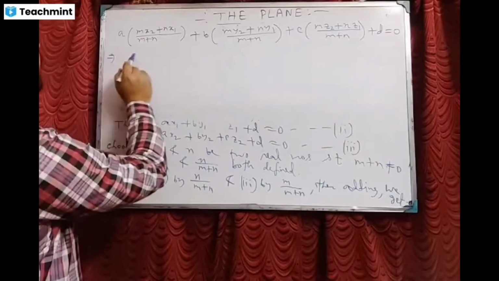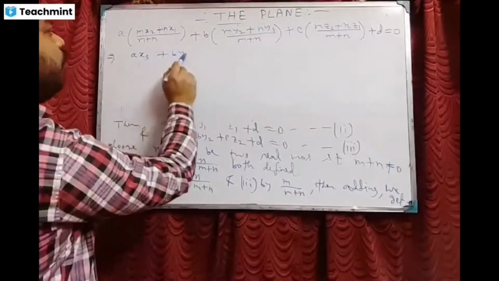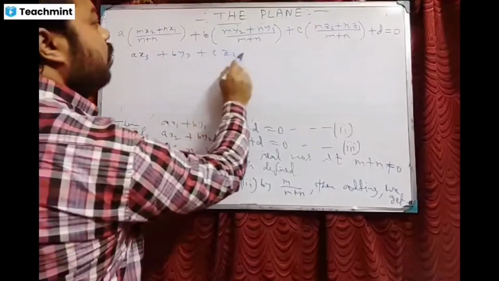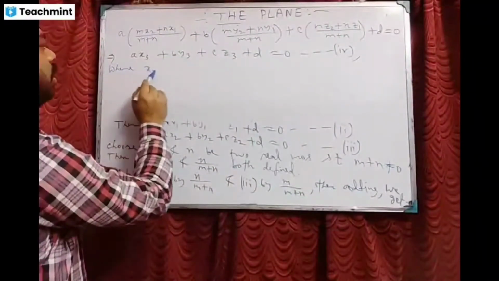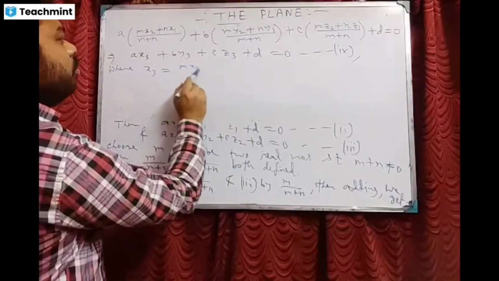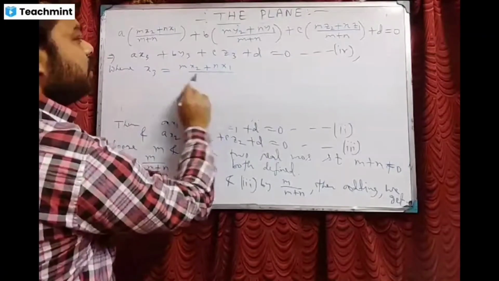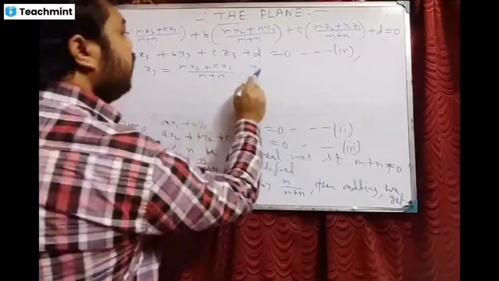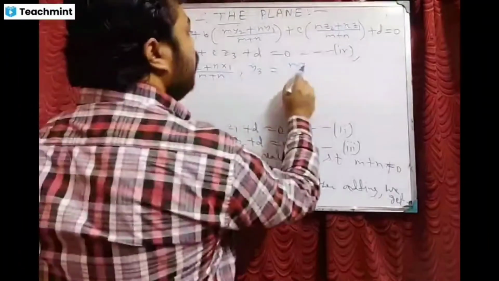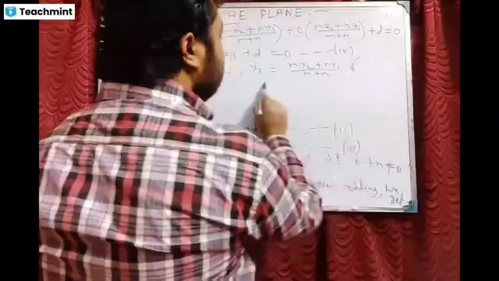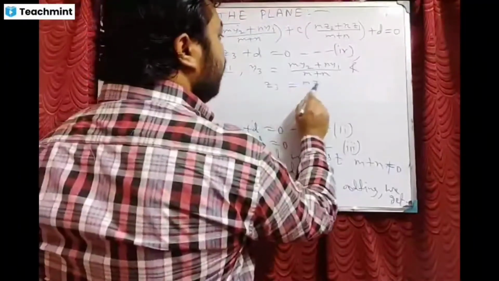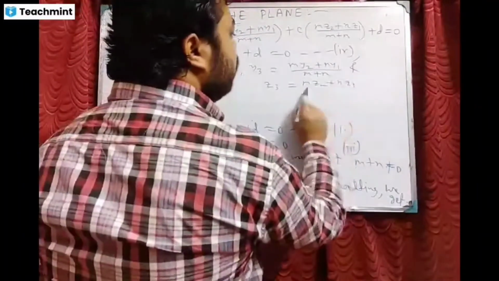This implies a x3 + b y3 + c z3 + d = 0, equation number 4, where x3 is (m x2 + n x1)/(m+n), y3 is (m y2 + n y1)/(m+n), and z3 is (m z2 + n z1)/(m+n).